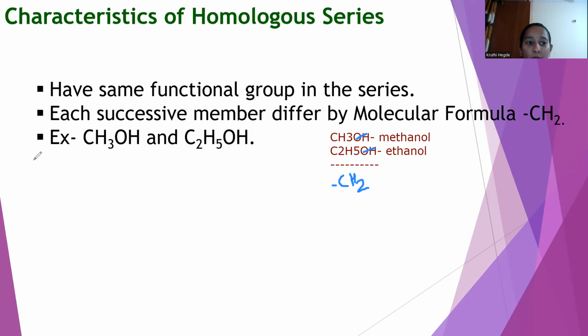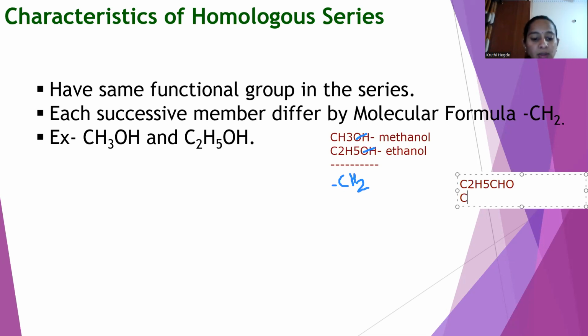I will give you one more example. C2H5CHO, another C3H7CHO.